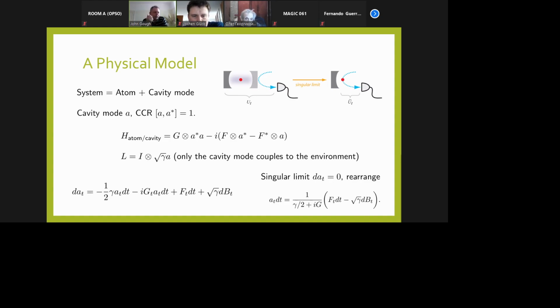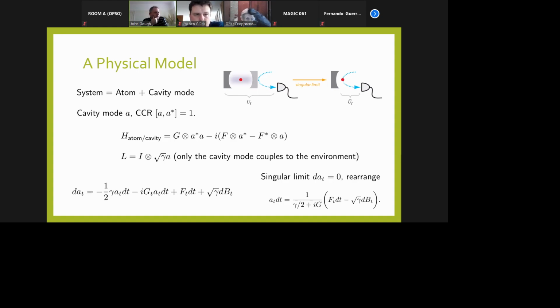And in the singular limit, we just think of the incoming field, so the environment, talking directly to the atom. So the whole idea is that if your cavity mode is so strongly coupled to its environment, it effectively spends all its time damped into the ground state.